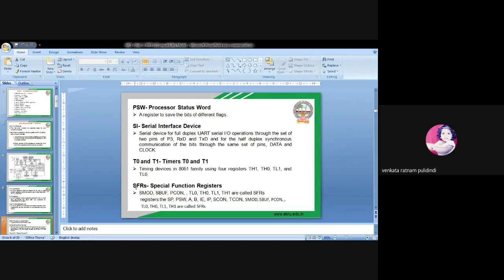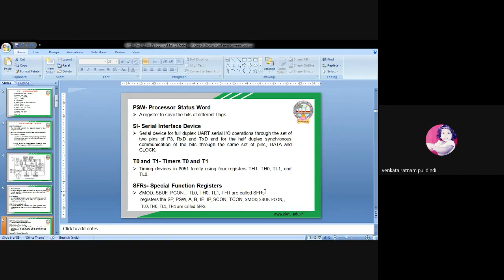Okay, next, the 8051 microcontroller has special function registers: SMOD, the serial mode register, the serial communication buffer, the power mode control register PCON, TL0, timer 0 lower byte, TH0, timer 0 higher byte, TL1, timer 1 lower byte, and TH1, timer 1 higher byte.